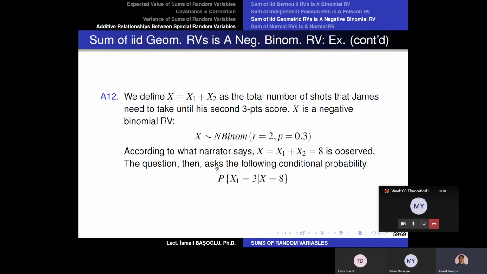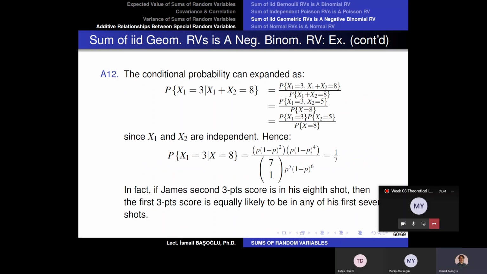Then the question asks, what is the conditional probability that his first 3-point score was in the 3rd shot, given that his second 3-point score is observed in the 8th shot? So basically, the question is mathematically asking for the probability of X1 equal to 3, given that X, or in other words, X1 plus X2, is equal to 8.